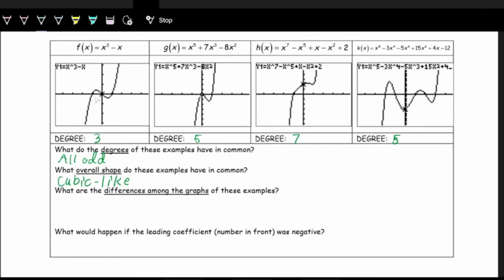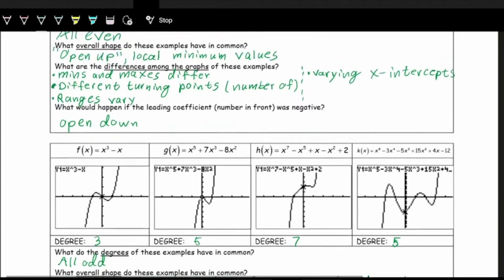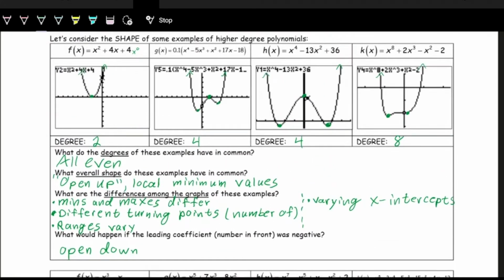What's happening is they start and end in opposite directions. And that's a contrast with the even degree polynomials, because those ones, if we scroll back up, always opened up.